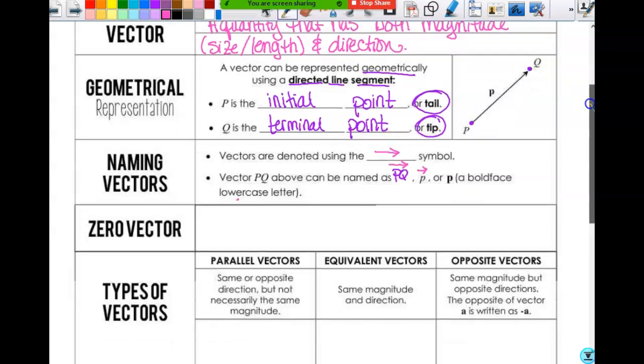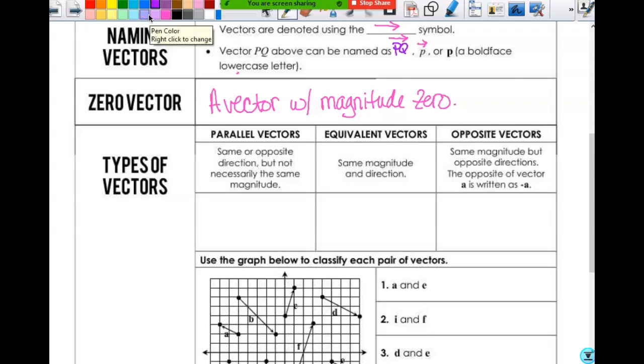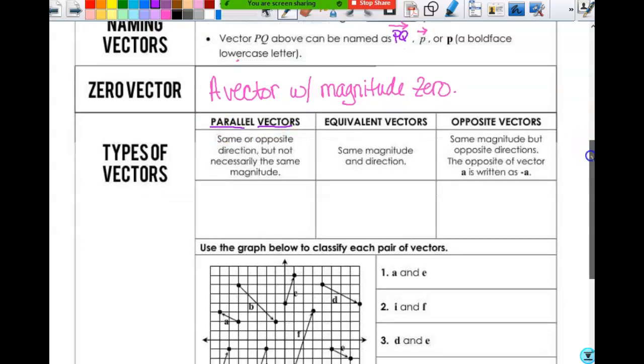Alrighty, so then a zero vector is just a vector with magnitude 0. Okay. So let's talk about a couple different types of vectors. So I can have parallel vectors. Just think about when you have parallel lines, right?